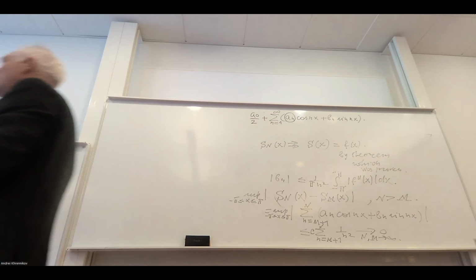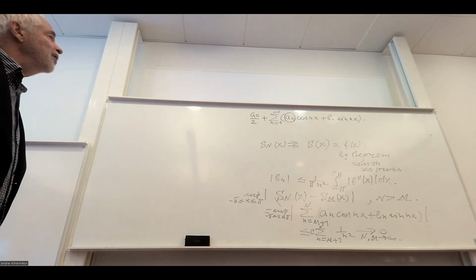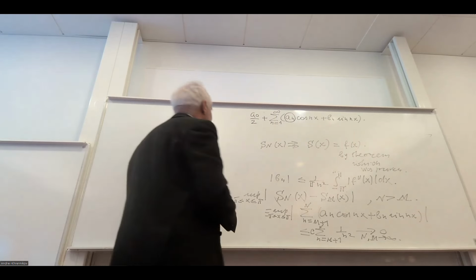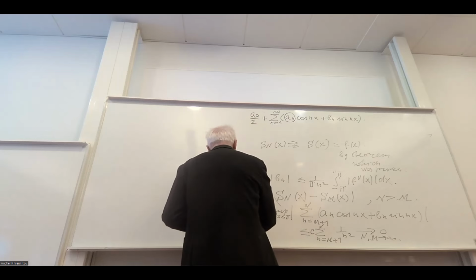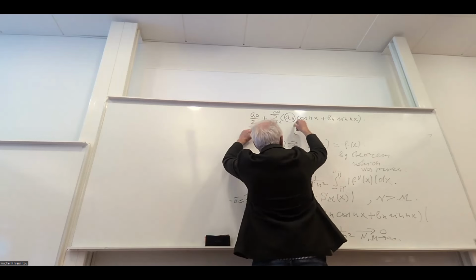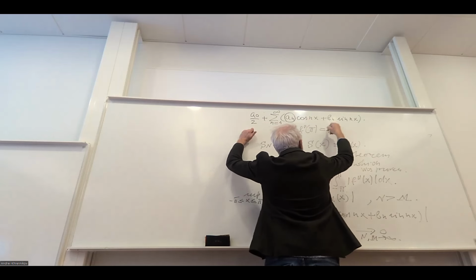So we found the condition for which the Fourier series converges uniformly. What was this condition? It was the condition that the second derivative is periodic.